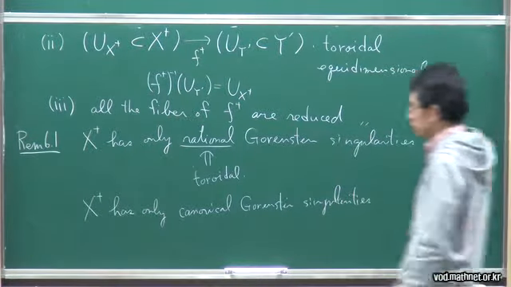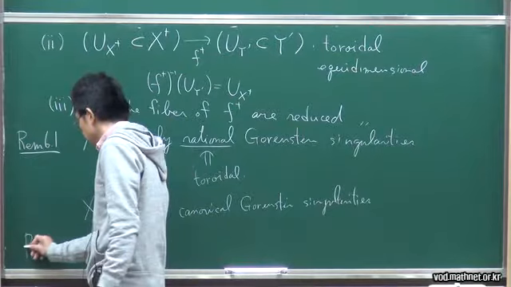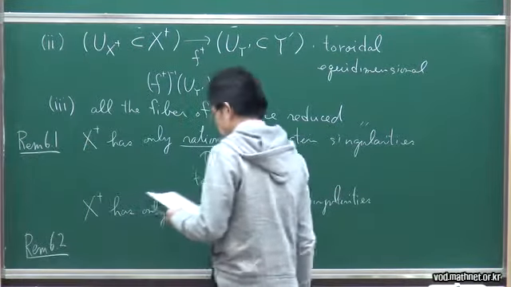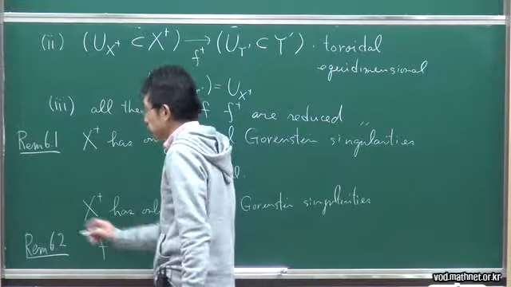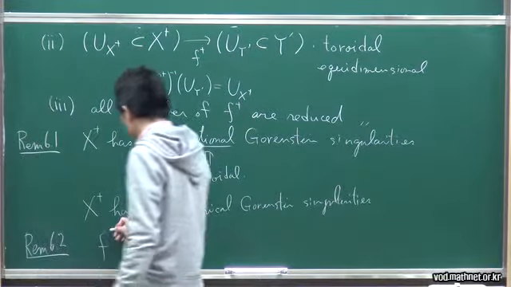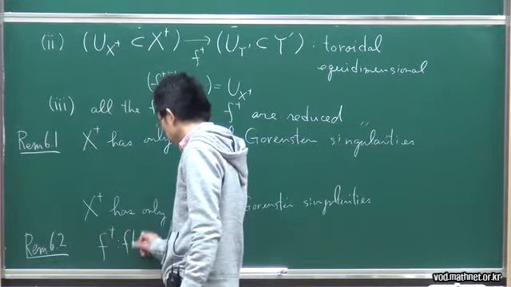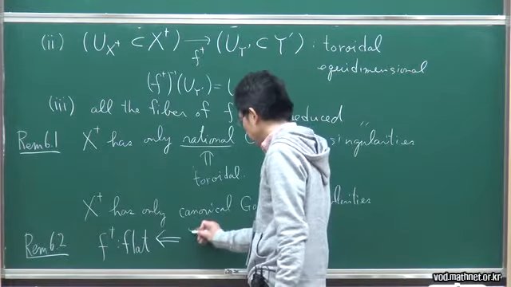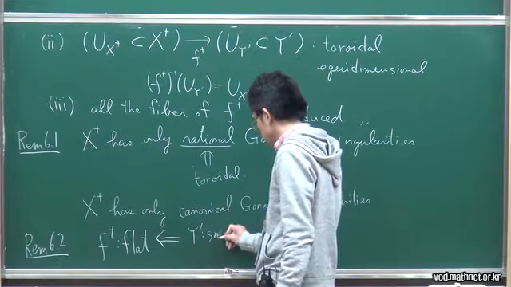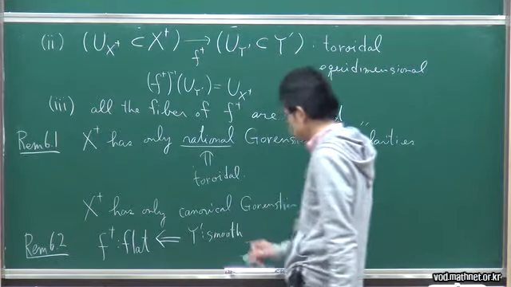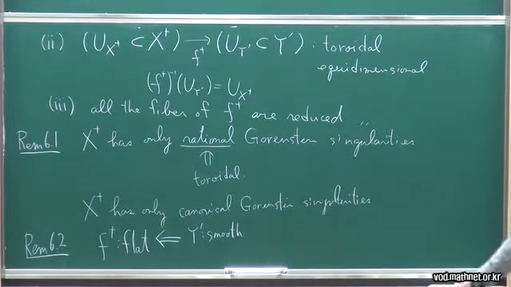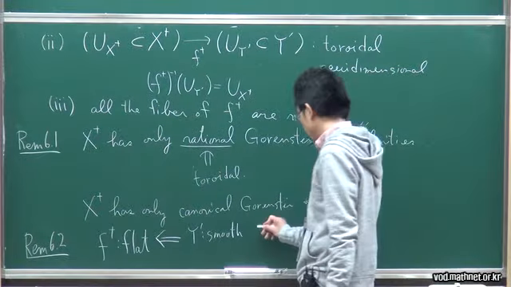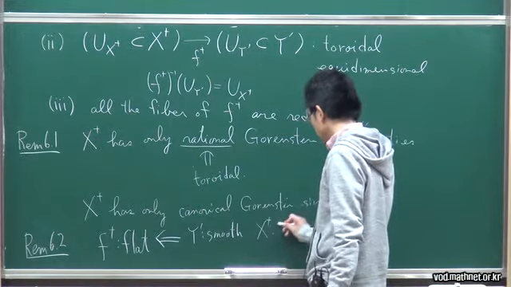And one more remark. f dagger constructed in the weak semi-stable reduction is flat. This follows from Y prime being smooth, Y prime is a smooth projective variety in step 1, and X dagger being Cohen-Macaulay.